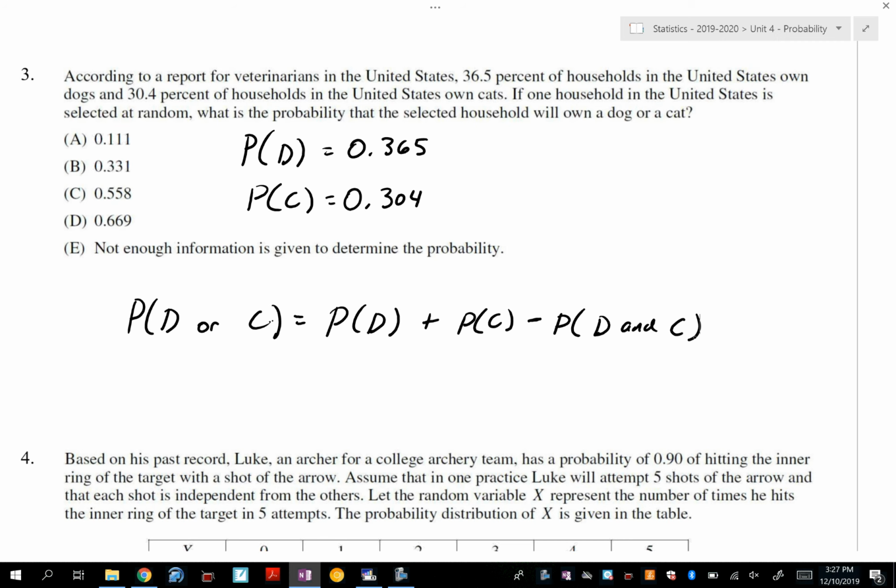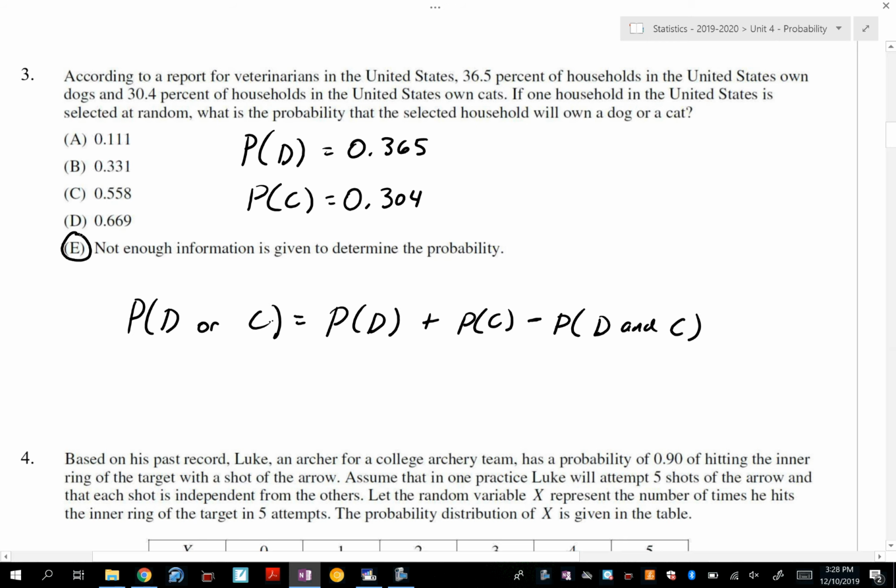Do you think that owning a dog and owning a cat are independent? I actually think that if you own a dog, you're less likely to own a cat. There's independent or not. There's not like partially. There's a rule. But what I'm trying to say is we don't have enough information to do this.